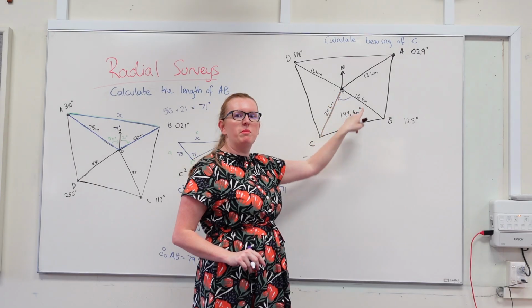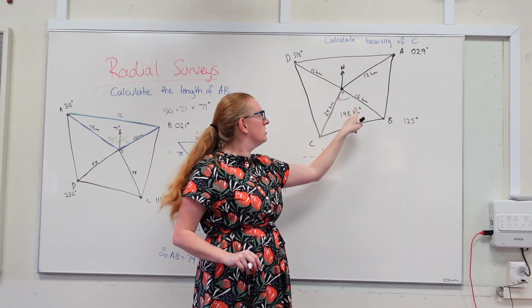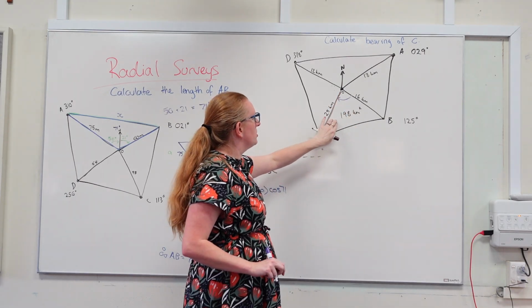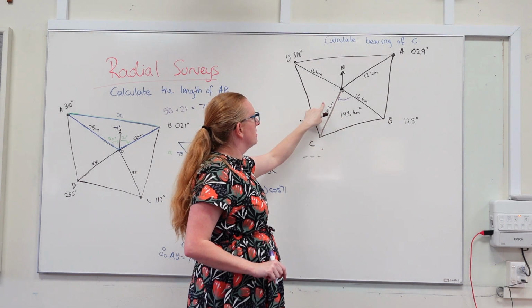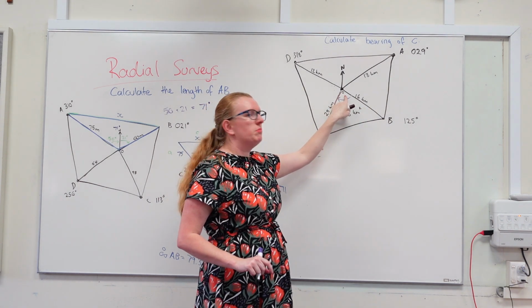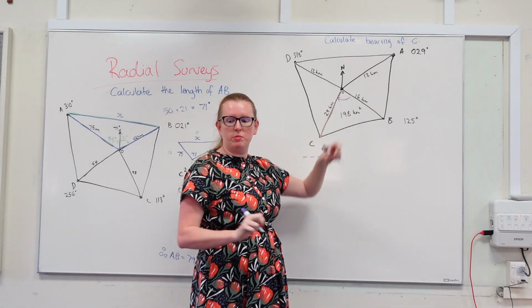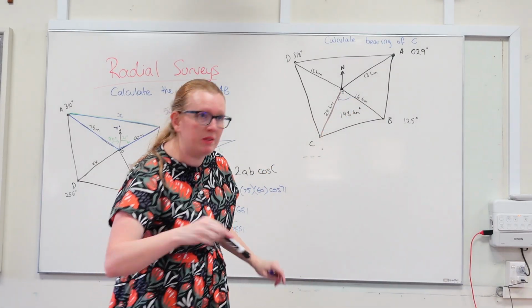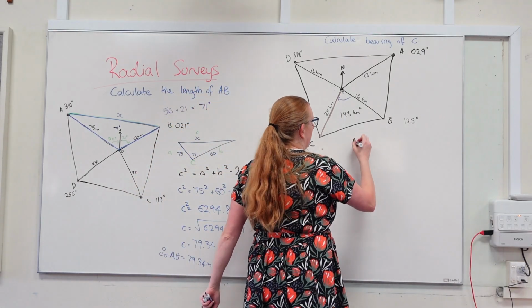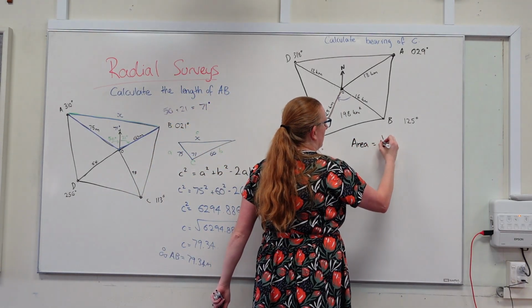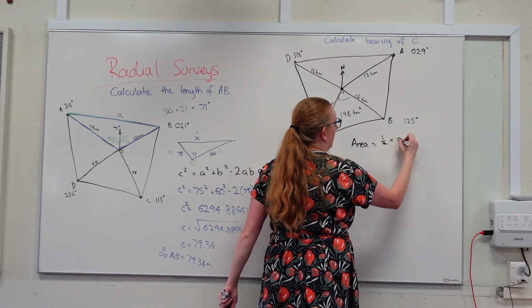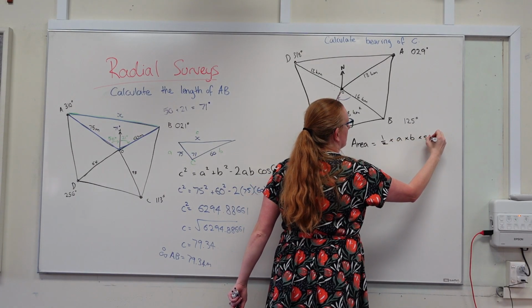Do I have enough information in this particular triangle to solve it? Looking at this triangle, I've got an area, a side, and an angle in between. That's perfect. It's exactly what I need in order to use the area formula. So the area formula is area equals half times A times B times sine C.